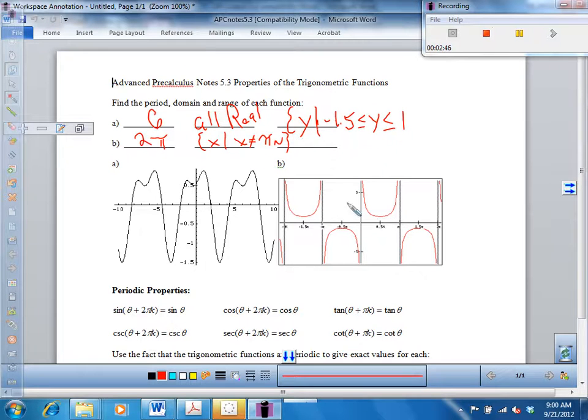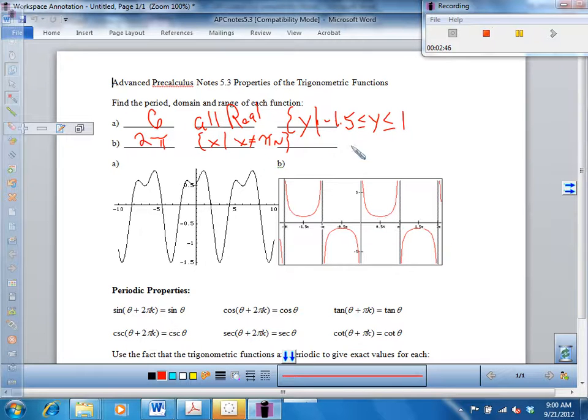We'll get more into this as we're graphing trig functions. x cannot equal multiples of pi. See how there's an asymptote at negative 2 pi, negative pi, at 0, then at pi. n is an integer, so if I plug in 1, that makes pi, or 2 gives 2 pi, or negative 1 gives negative pi.